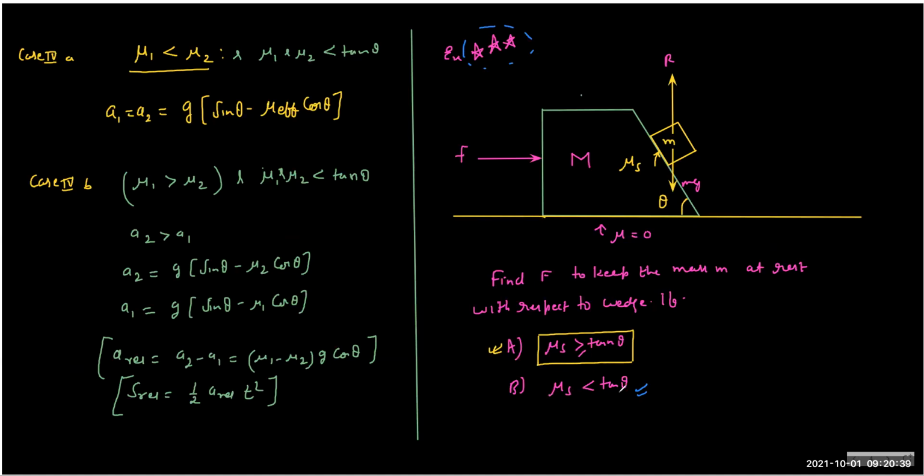Yes, this one, the B part. Okay, the B part, I still have to do. Now we can answer. Tell me the answer. Sir, I got F equal to... Pardon? Sir, I got the answer for the B part. I wanted to cross check the answer.